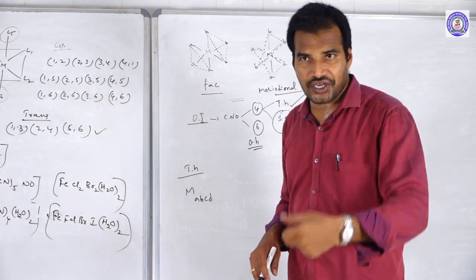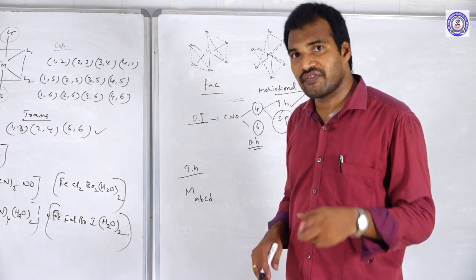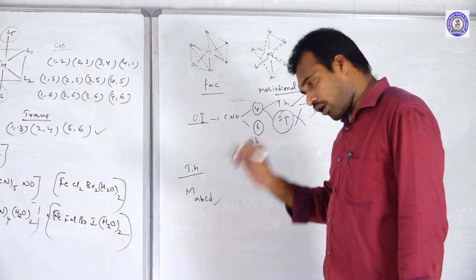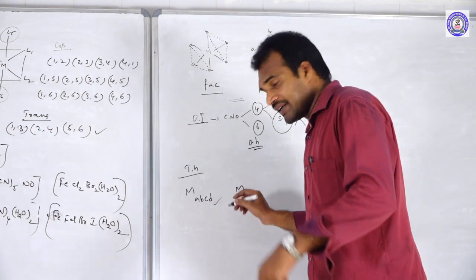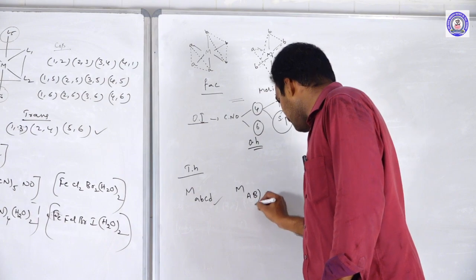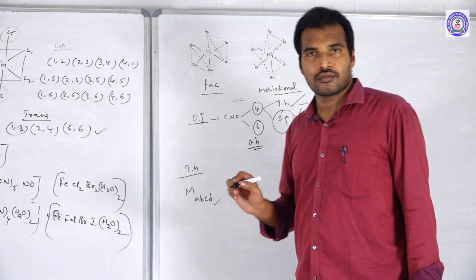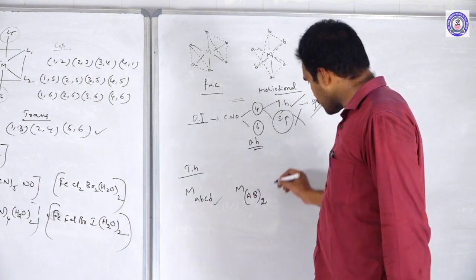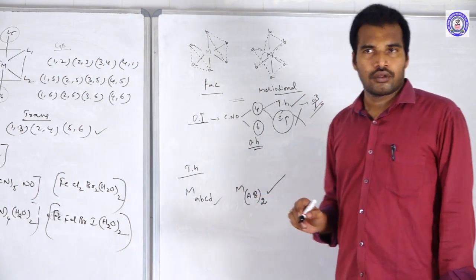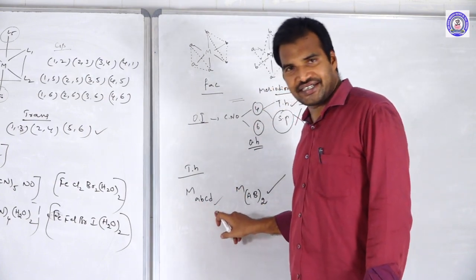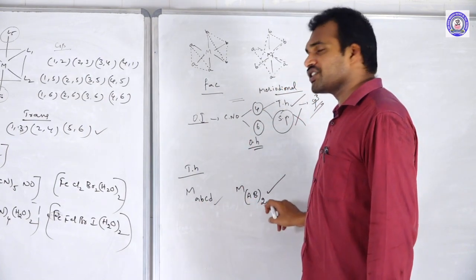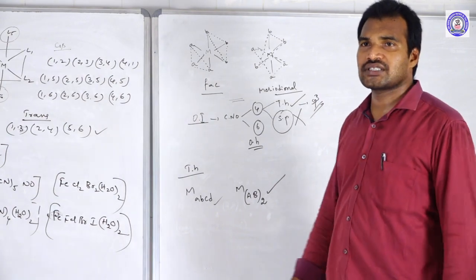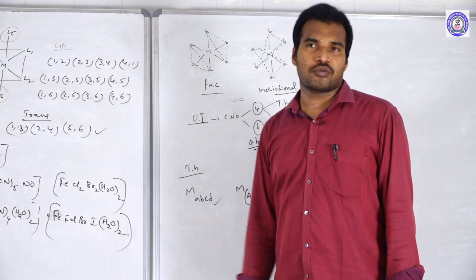Chiral carbon means asymmetrical carbon, when they have four different groups. Or else in case of bidentate ligands, M(AB) twice, unsymmetrical bidentate ligands also can show. So MABCD type and M(AB)2 type complexes only can show. Remaining complexes will not show optical isomerism.